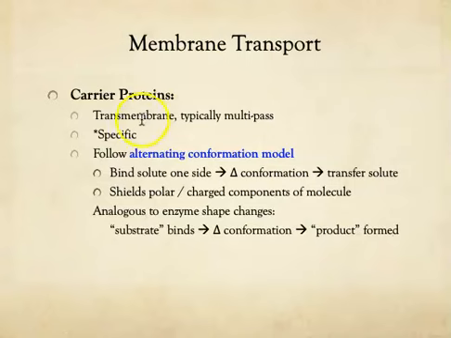Just like the channels, carrier proteins are highly specific, which means each carrier is designed to facilitate the movement of one type of particle across the membrane. And this shape change that I mentioned, this process gets a name. It's called the alternating conformation model.